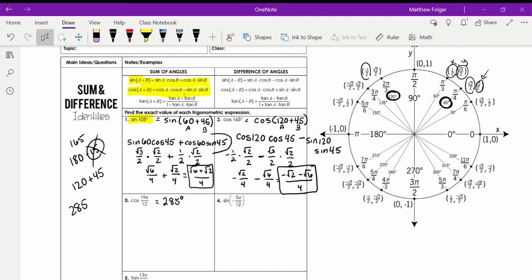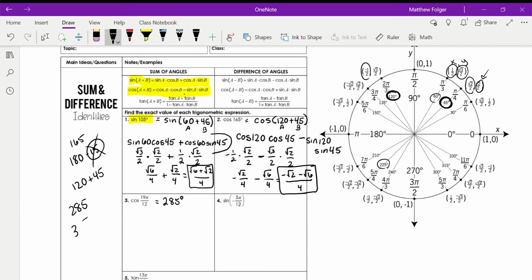I'm going to test out a couple things. Let's see, 225 plus 60. That's 285, right? So that would work. I could use a sum formula. 225 I have, and I have 60. So that would work. But let's do an example of a subtraction. So what minus what equals 285? Well, let's try 315.